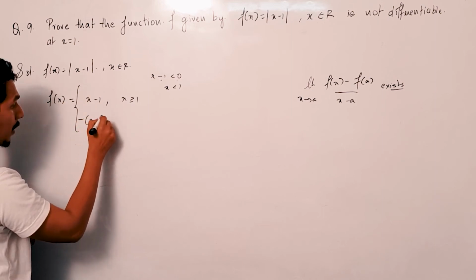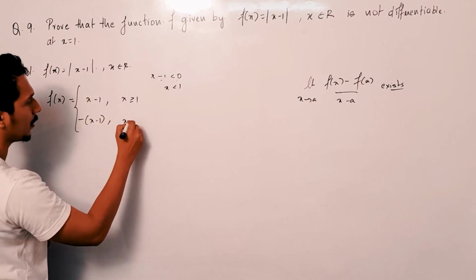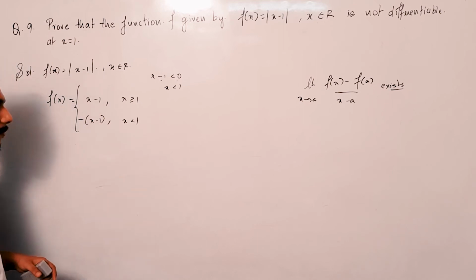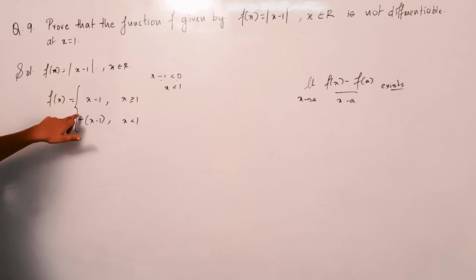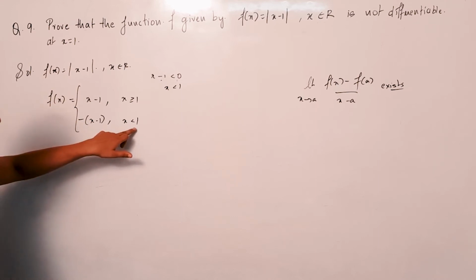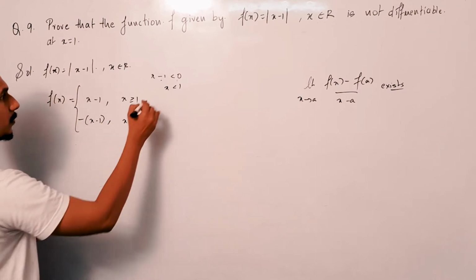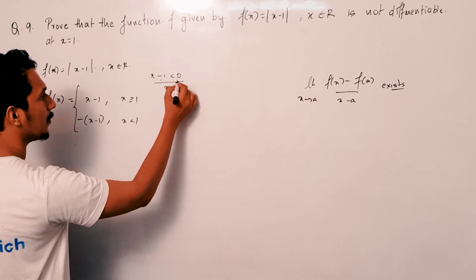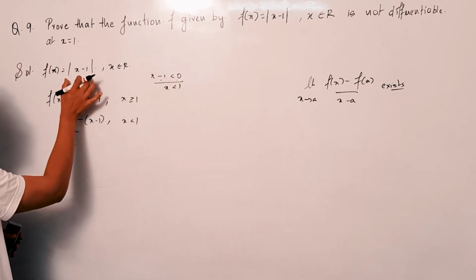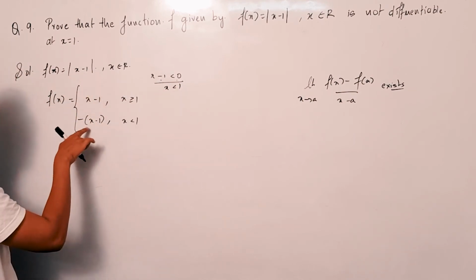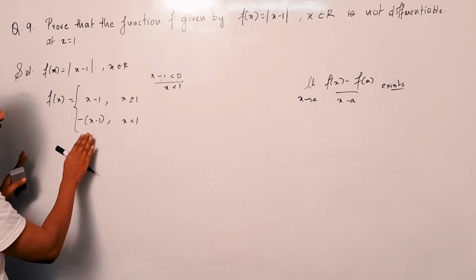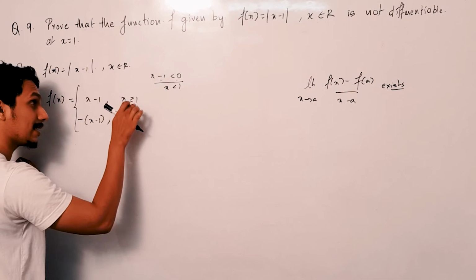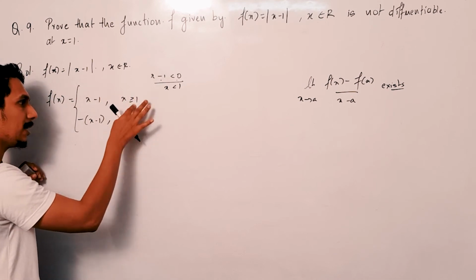And it becomes minus of x minus 1 whenever x is less than 1. This modulus function starts to act whenever x is less than 1. See, I told you, whenever this whole quantity becomes negative, that's the place where the modulus starts to function. So in order to make it positive, I have to multiply it with a negative sign. So this is my function defined for x equal to 1, x greater than 1 and x less than 1.